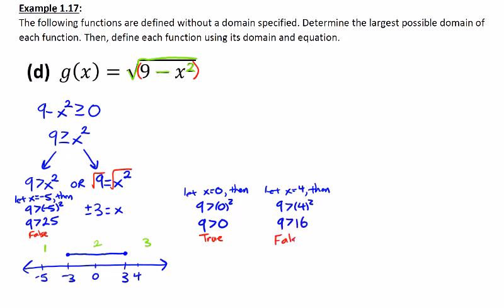Unfortunately, that is a false statement. So I will not be needing section 3. The only section that I need is section 2. So to summarize, the domain of G is equal to the closed bounded interval -3 to +3.